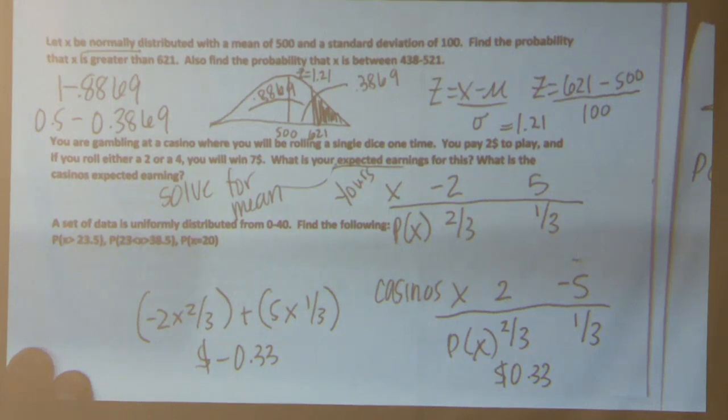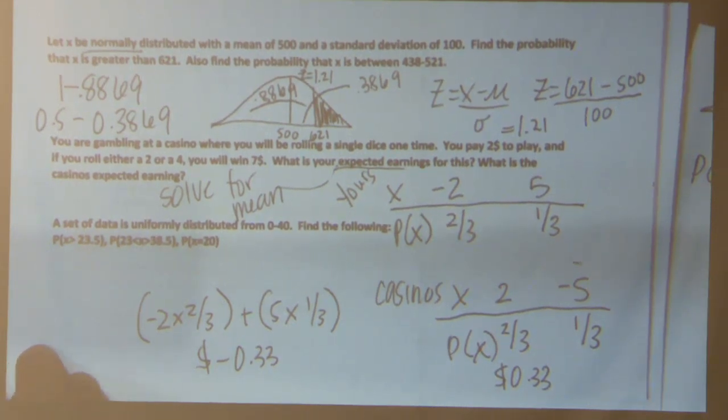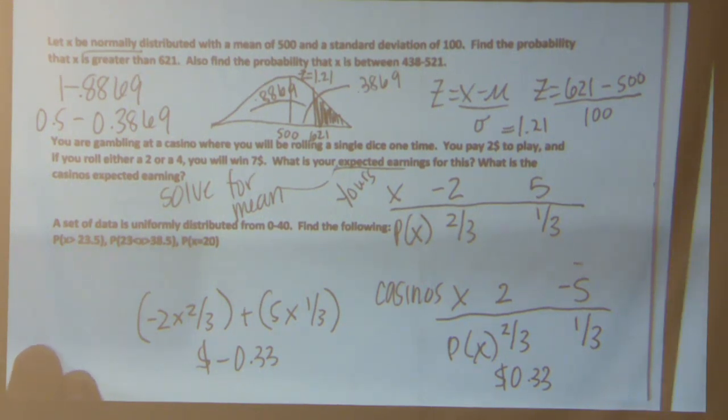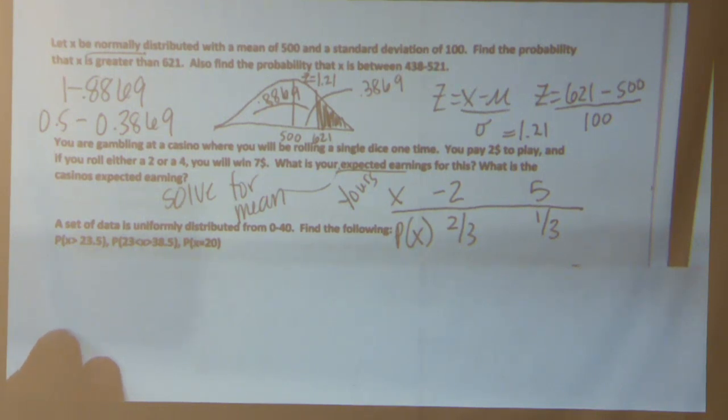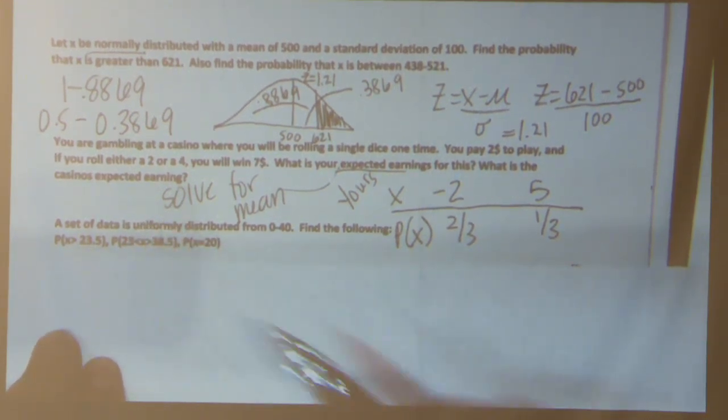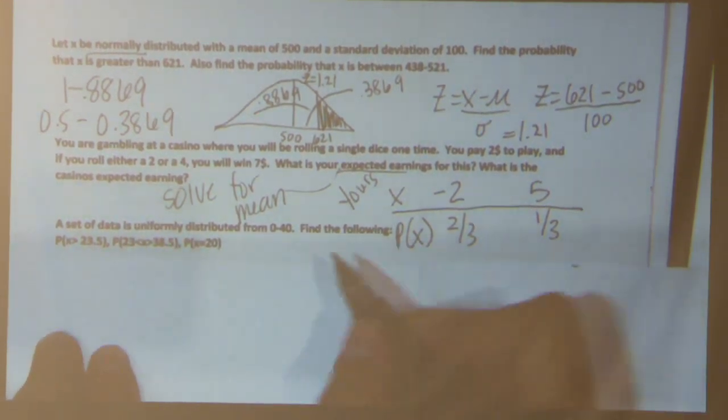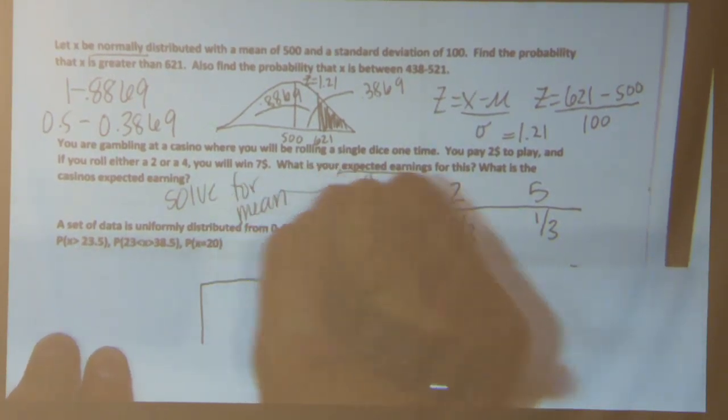So then the next one, am I still good with pacing? Are you guys doing okay? Okay. So the set of data is uniformly distributed from 0 to 40. Whenever I think uniform, I think about SpongeBob, because SpongeBob's uniform is a square box, right? So when you have uniform, you're going to draw your box.